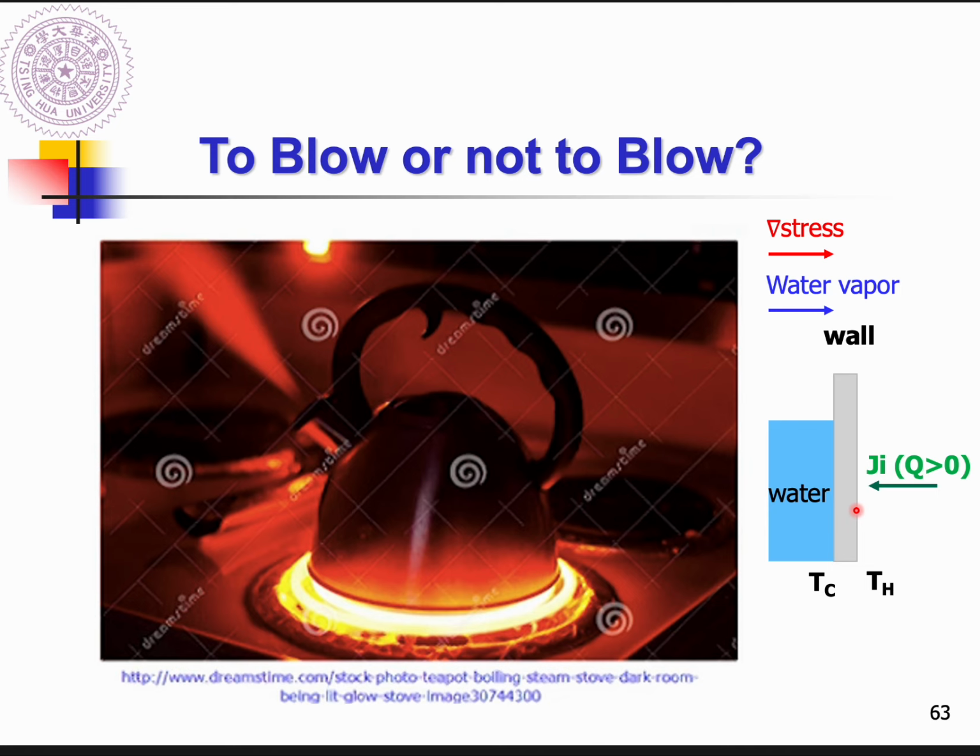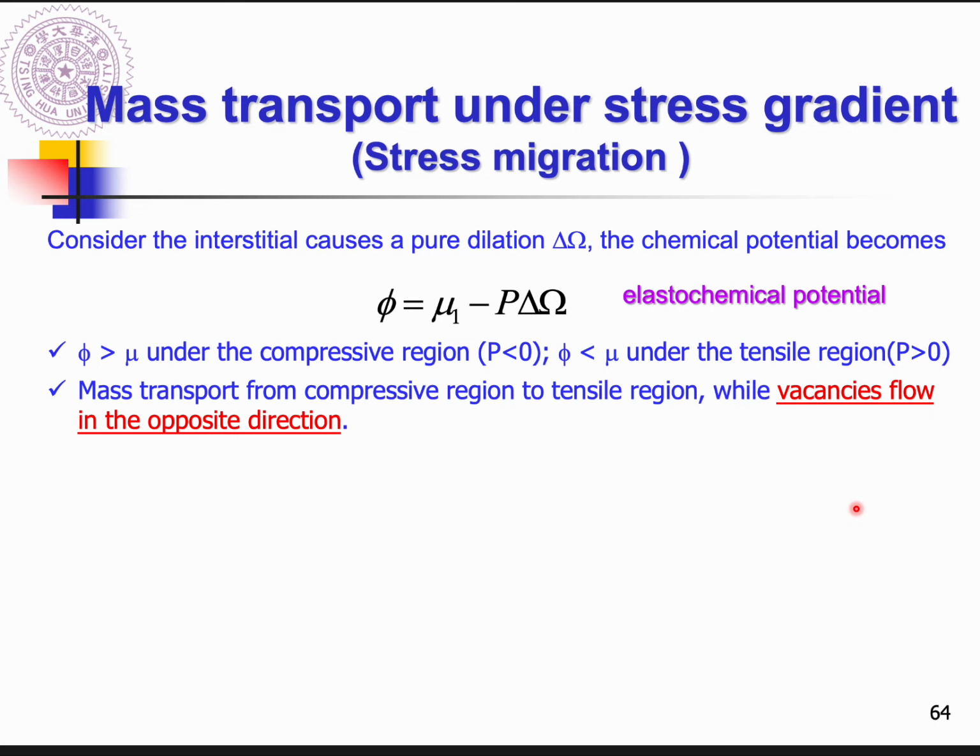So next, I'm going to show you how to quantitatively formulate the potential as a function of stress field or stress. Based on the previous description, you know that we need to modify the chemical potential of the atom in the stress field, right? But how to do that?